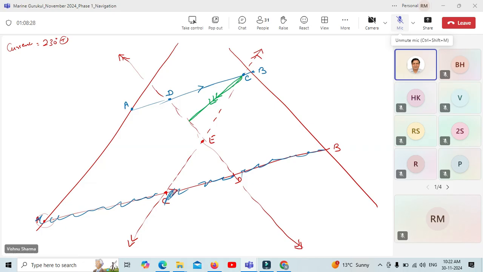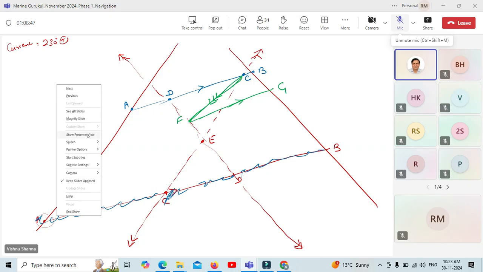And that will be my A, B, C, D, E, F. And now I'll draw my CTS to the third PL, guys. This is my G. Now I'll join AG.